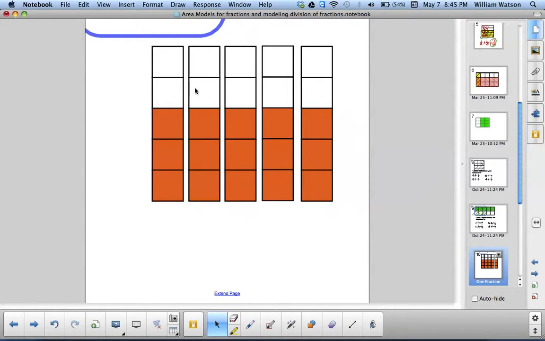So individually, each strip is its own fraction. So you've got 3/5 represented, and you've actually got 1, 2, 3, 4, 5. So without any kind of a lasso, just this image, you could say that this model represents 5 groups of 3/5, or 5 times 3/5, or 3/5 5 times.